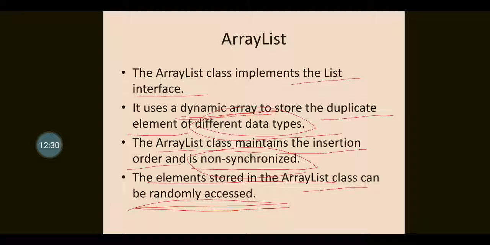If you want to share the object among the threads, you have to include the synchronization code. So the ArrayList is non-synchronized, and the elements stored in the ArrayList class can be randomly accessed.